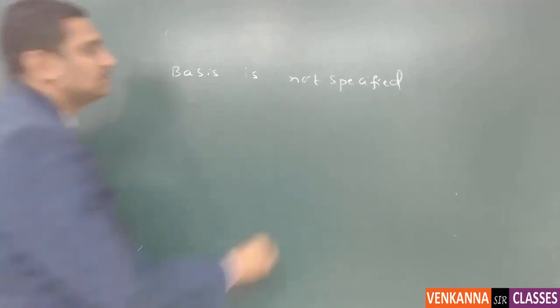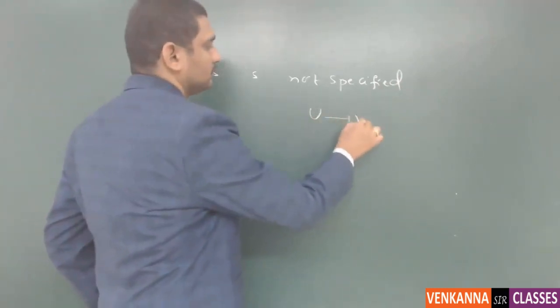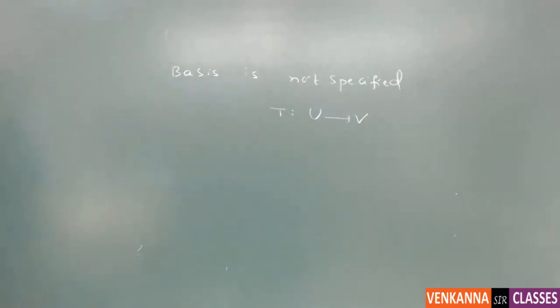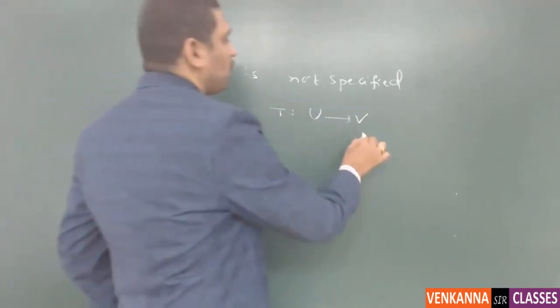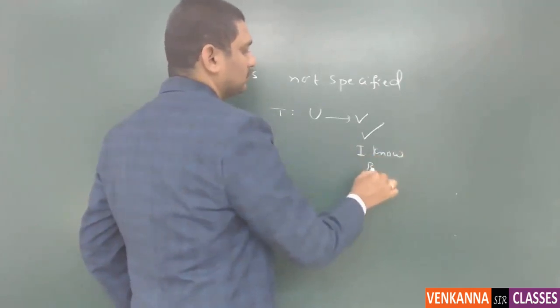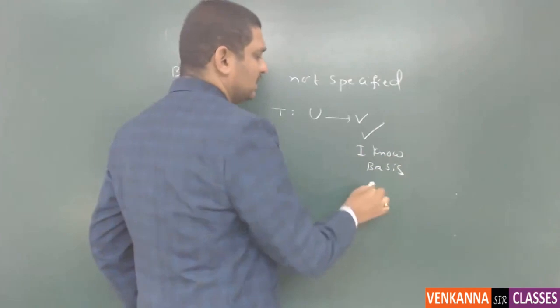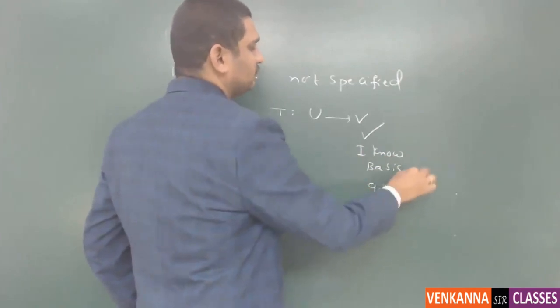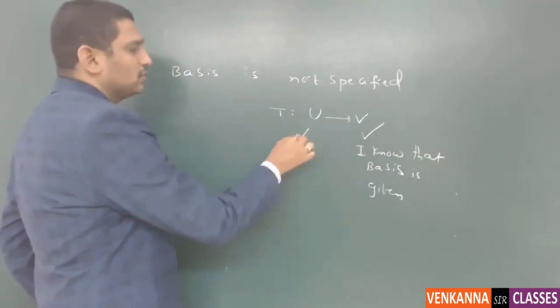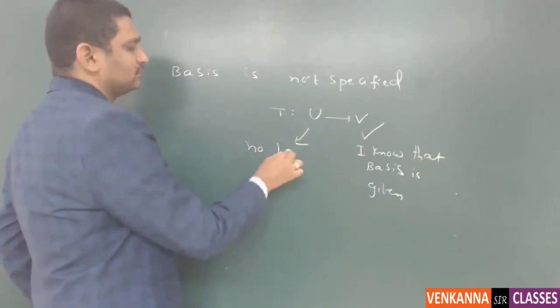Let me say T is a transformation from U to V. For V, I know the basis, that is, basis is given there. For U, no basis given.